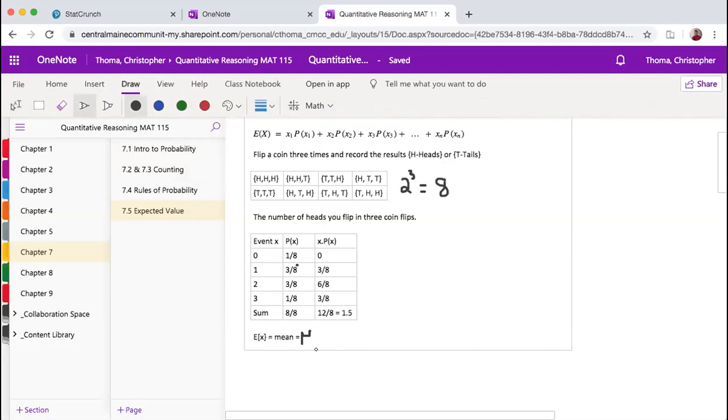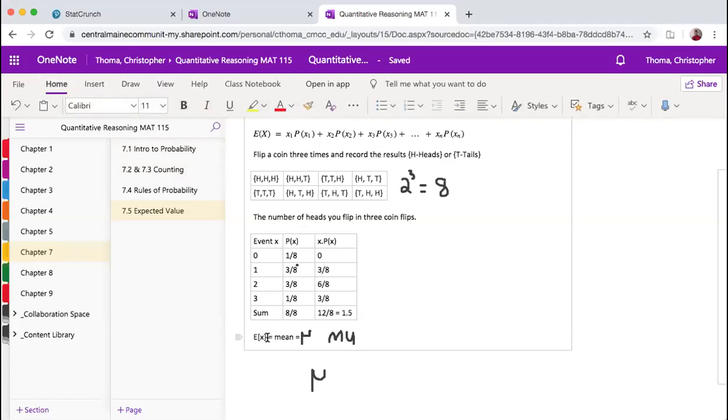This looks like a backwards 4 when I drew it there. Let me draw better. It should have more of a curvature to it. There you go. A mu. It's a Greek symbol, M, which is just a fancy symbol for the mean. But that's what expected value does.